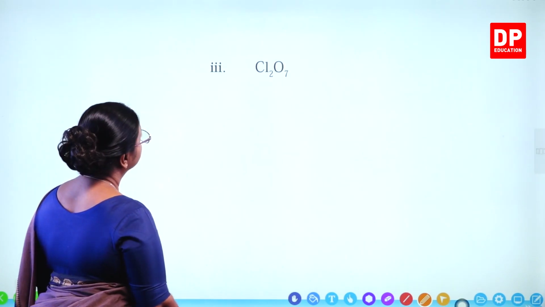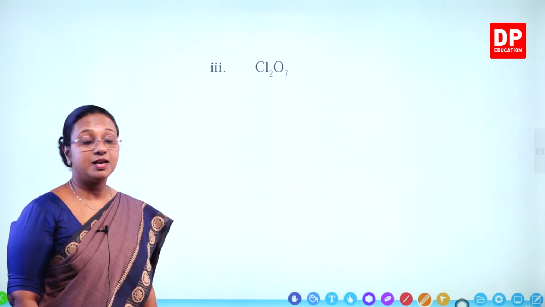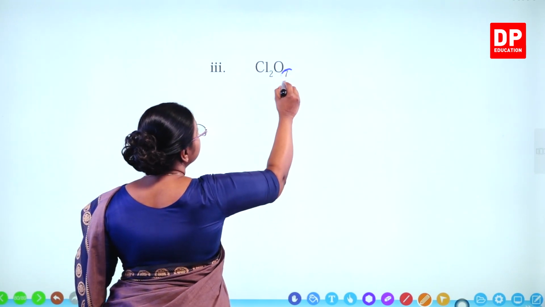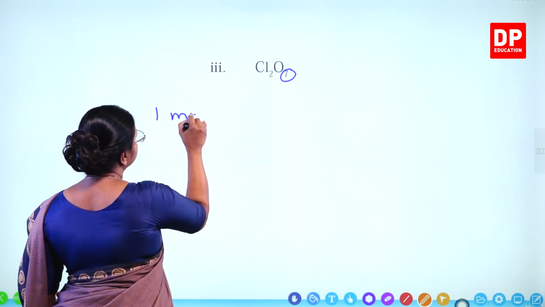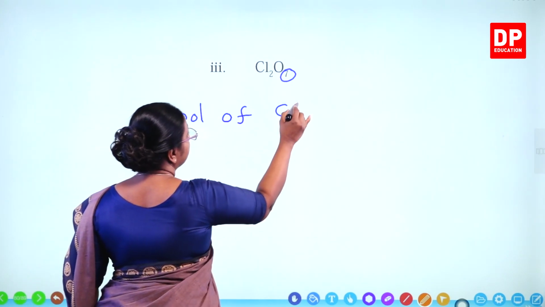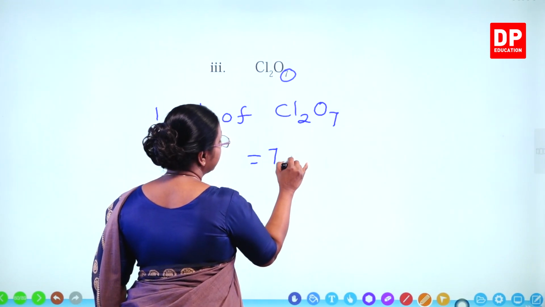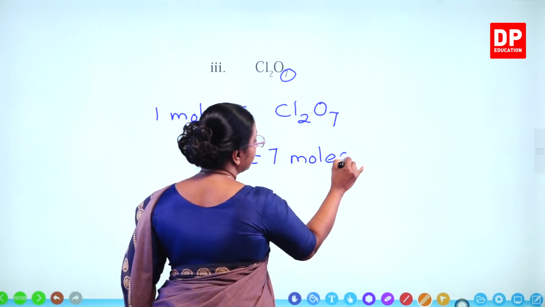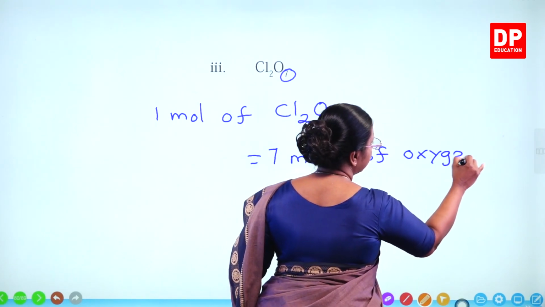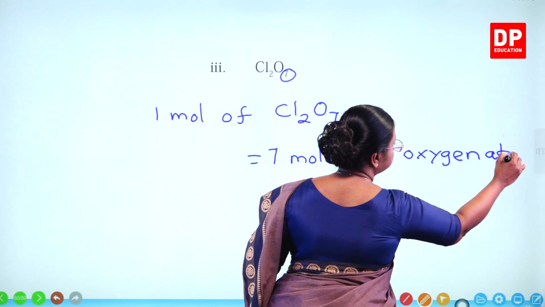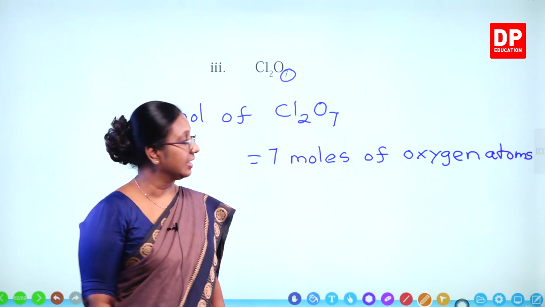Then the next one, Cl2O7. How many oxygen atoms are there? There are 7 oxygen atoms. So in 1 mole of Cl2O7, there will be 7 moles of oxygen atoms. So that is how you do the calculation.